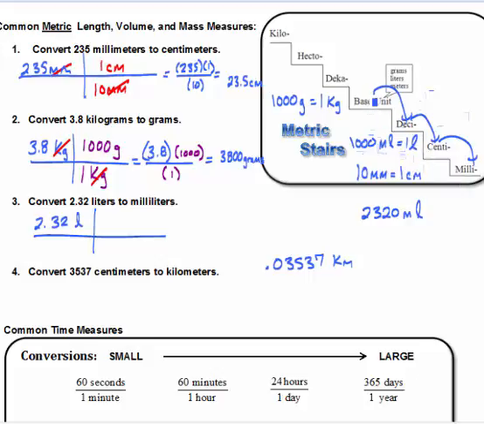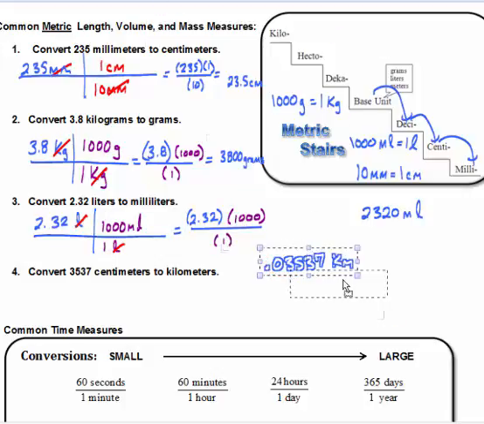So I started there and I went down 3 places. So in this case I would write 1 liter on the bottom is equal to 1,000 milliliters. And the liters divide out, and we're left with 2.32 times 1,000 all over 1. So essentially we're going to end up multiplying that one like we did the last one.